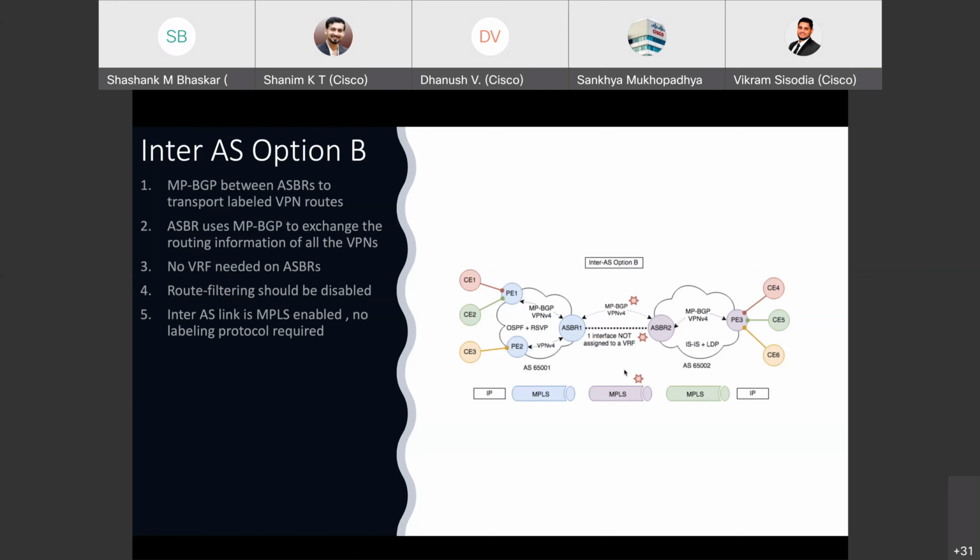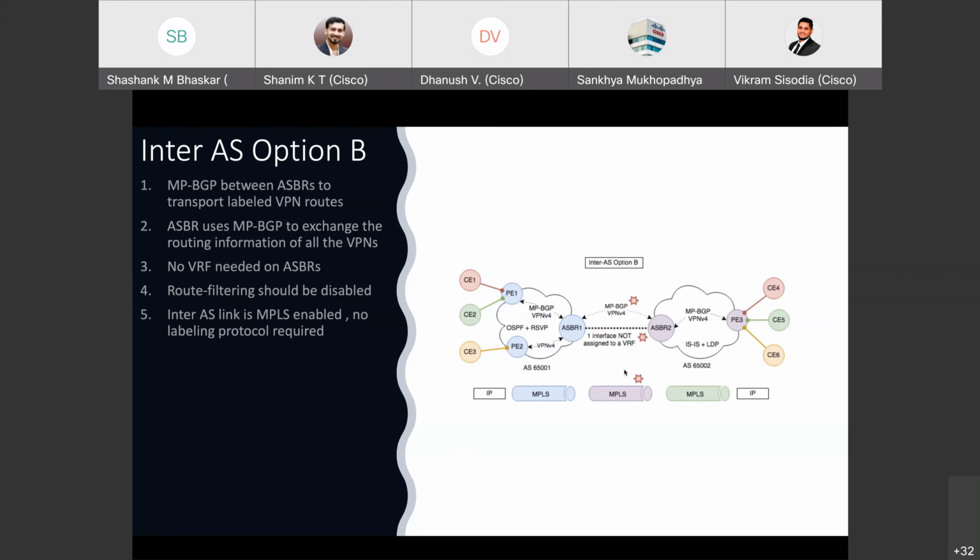ASBR1 and ASBR2 are aware of each other's VPN routes by the use of the eBGP VPNv4 address family. In this case, the ASBRs are working kind of like a route reflector. There are no mandates for the ASBRs to preserve any of the routing information in a VRF.